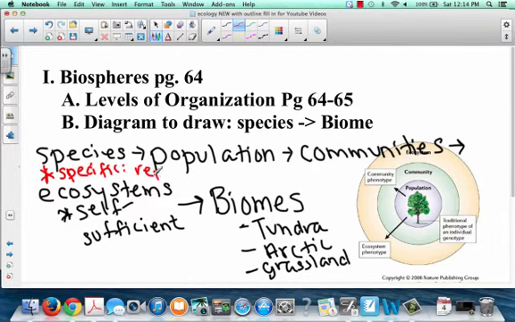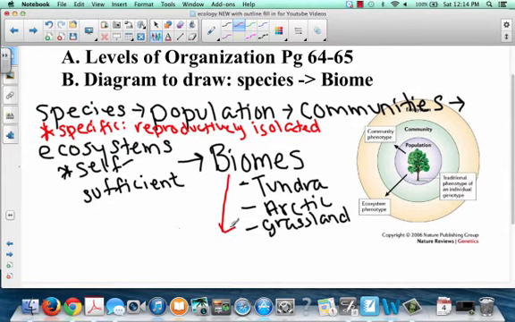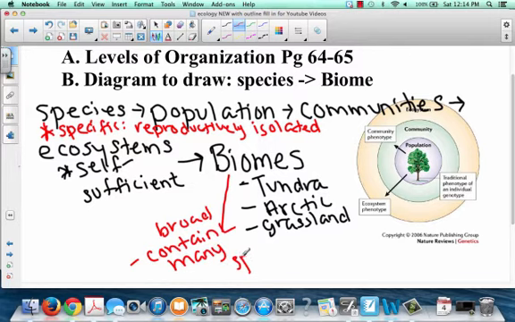And we're going to define those as reproductively isolated. Okay? Whereas biomes are very broad and contain many species.